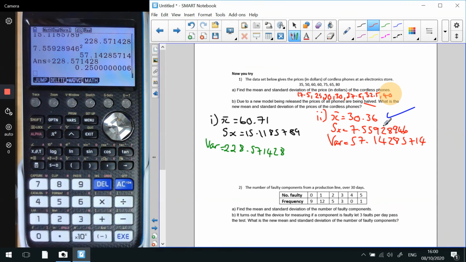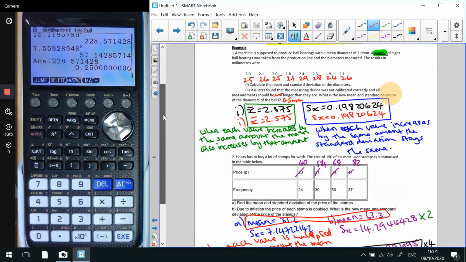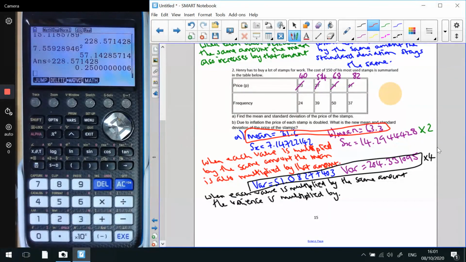Okay, so to get from our old variance to our new variance, we are timesing by a quarter, when with our data we were timesing by a half. So we're trying to think of what happens between 2 and 4 that is the same relationship that happens between a half and a quarter.